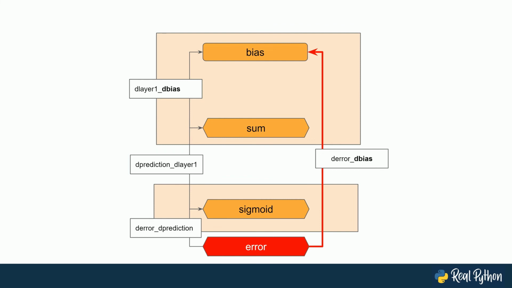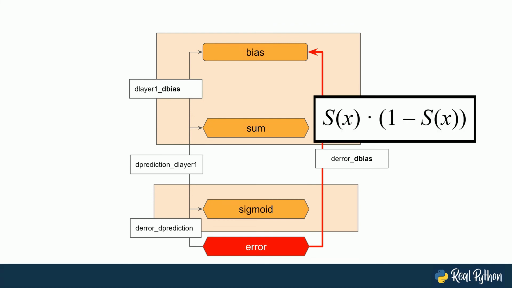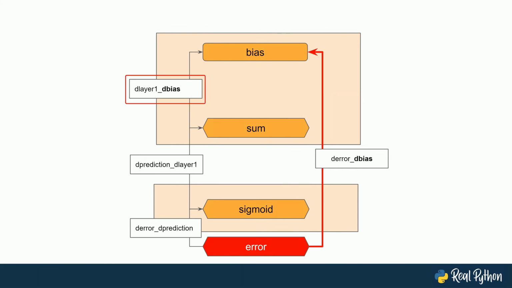This is the derivative of the sigmoid function. For this course, just accept that it is the product of the sigmoid and the difference of 1 and the sigmoid. Finally, you can take the partial derivative of the layer with respect to the bias. If you multiply them, you'll get the derivative of the error with respect to the bias, and you'll use this value to update the bias to reduce the error.